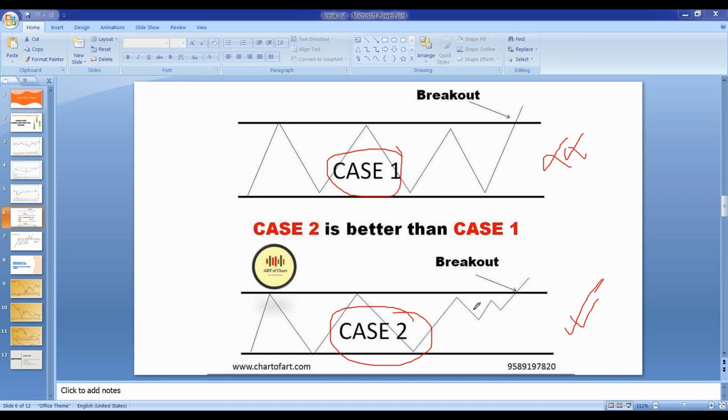Because in case 2, what is happening, that stock has started consolidating near to its resistance. So whenever the stock has started consolidating near to its resistance, there are high chances that this stock is going to move on a upside and the breakout is going to sustain.